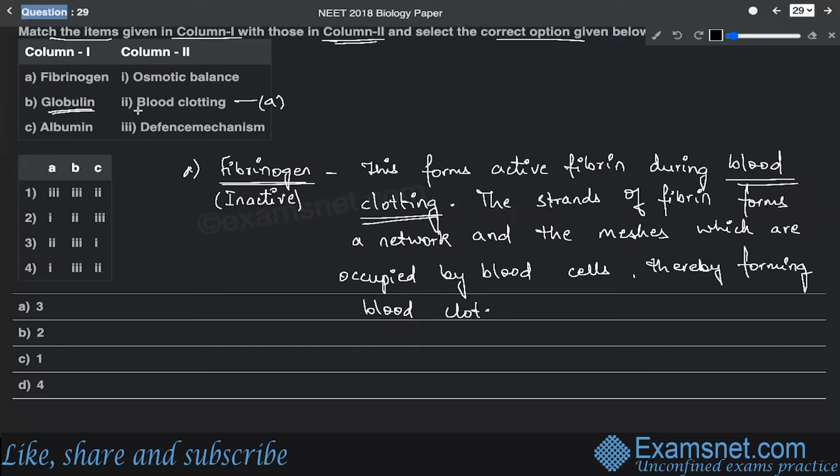The next is globulin. Globulin here stands for immunoglobulin, and this is responsible for the production of antibodies. Globulins are primarily responsible for producing antibodies, so that's why they are involved in defense mechanism. That means B over here.